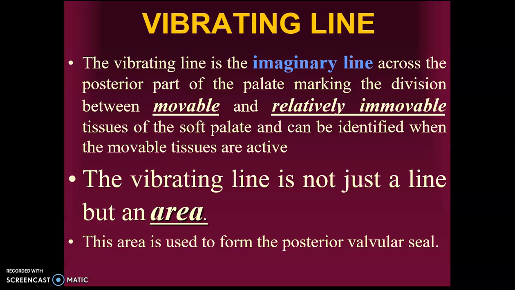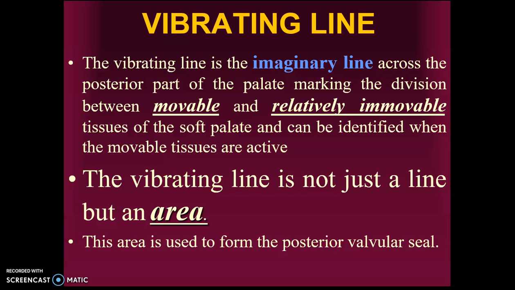How can we find it in the patient's mouth? If you ask the patient to say ah, you can see the vibrating line at the level of the junction of hard and soft palate. So it's not a line, it's an area.